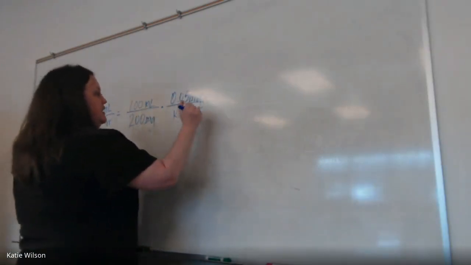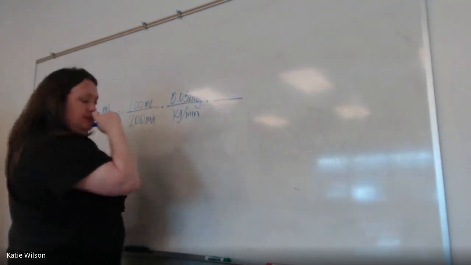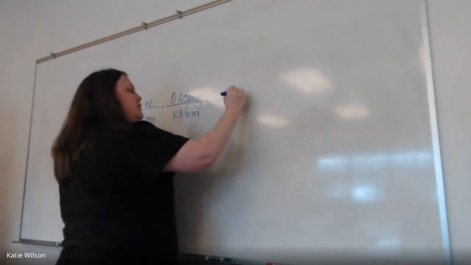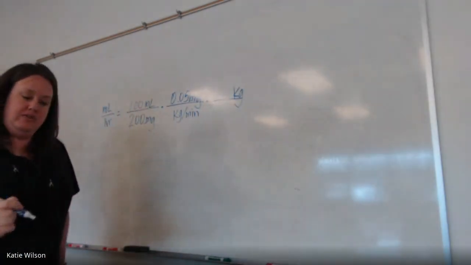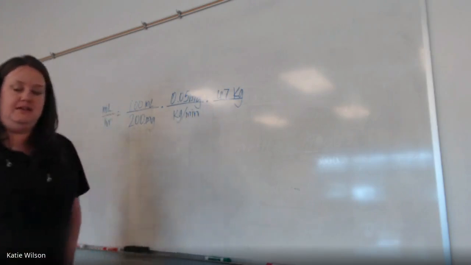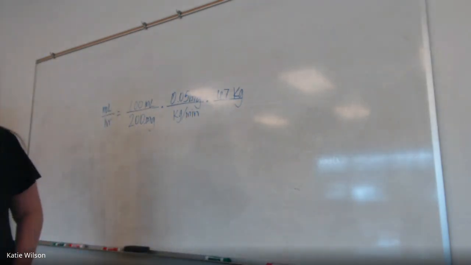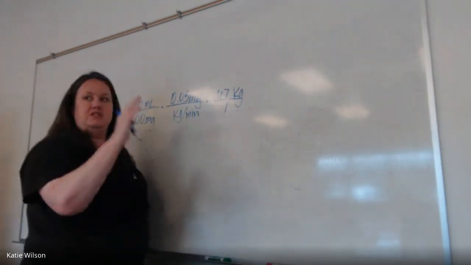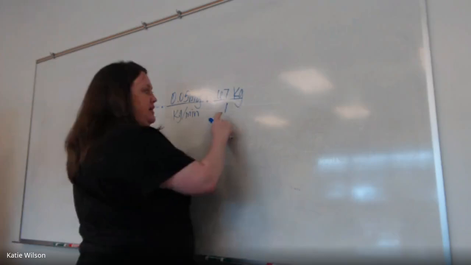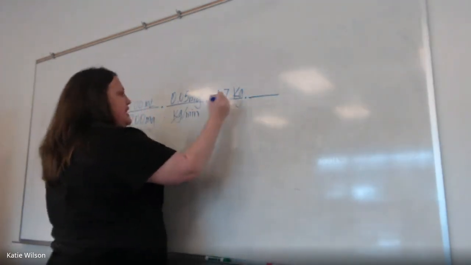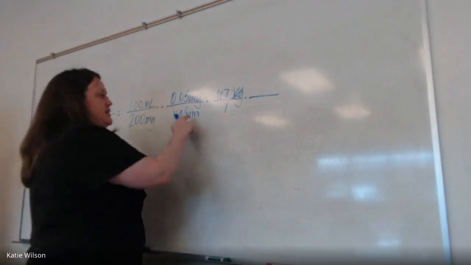Now, what do I do with these kilograms and minutes? What do you want to do first? We want to get rid of the kilograms. Okay. And we know that the patient is 67 kilograms. What do I put under that 67? A 1. So that's what we've done the whole time, remember, the whole semester. Because it's just that one patient is 67 kilograms. There's usually nothing related to that. Sometimes there might be. So that gets us canceled out for kilograms.